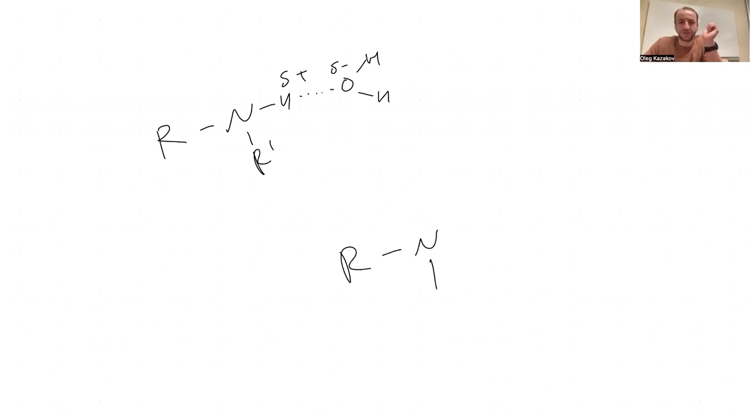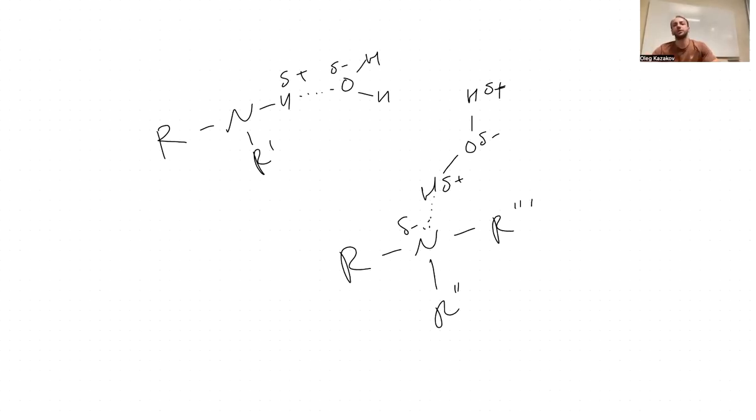With various alkyl chains, maybe all the same, could be different, we still have delta minus on nitrogen and delta plus on the hydrogen of the water molecules. As a result, they're able to form the dotted line, which corresponds to the hydrogen bond, accepted by the tertiary amine in this diagram.